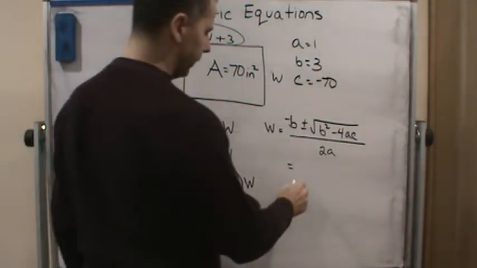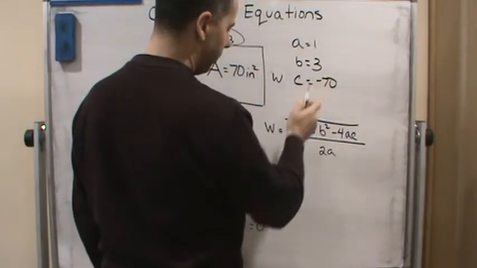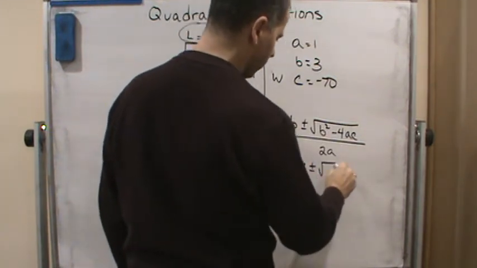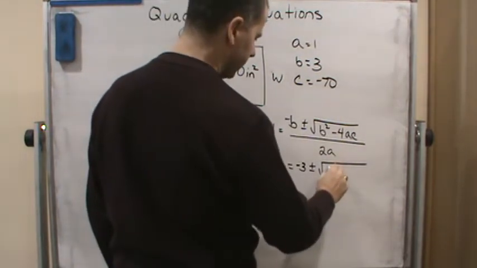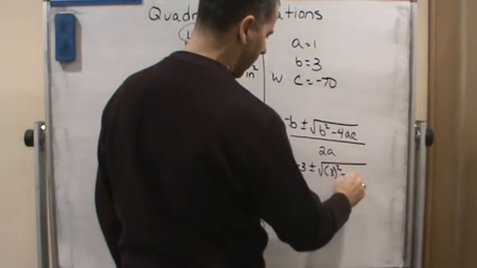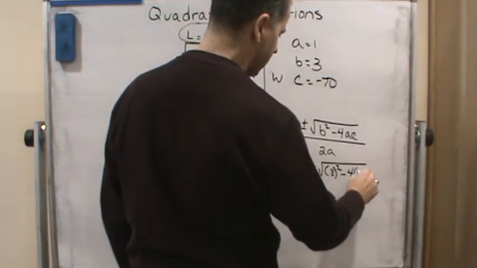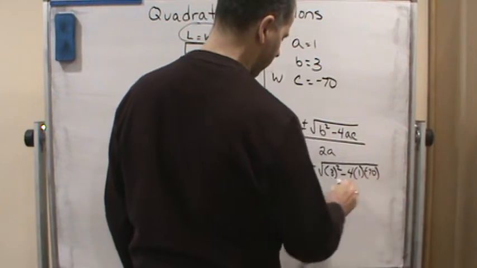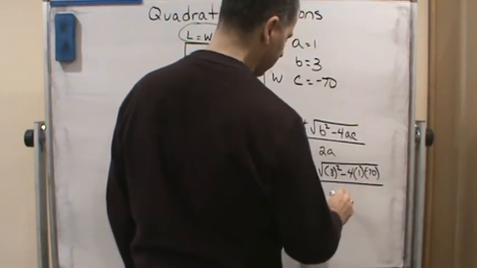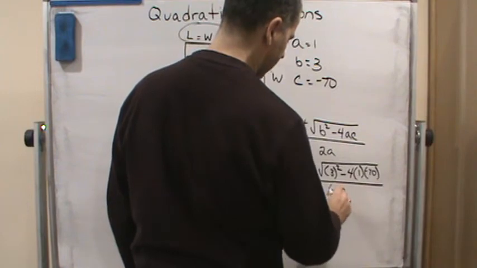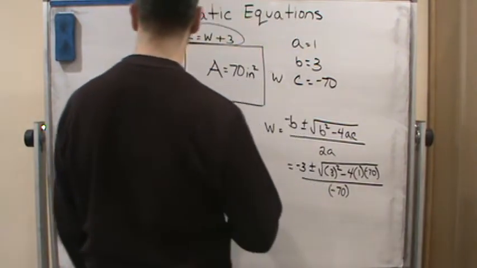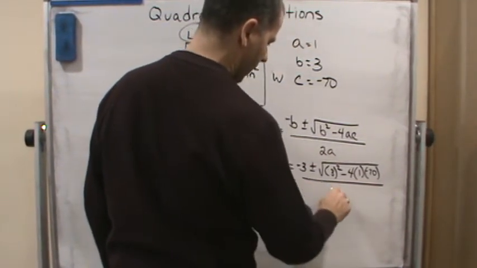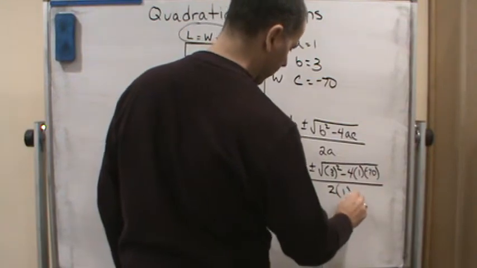Now I'm just going to plug and check. So W is going to be negative 3, so negative b is negative 3, plus or minus the square root of b squared, so that's 3 squared, minus 4 times a, which is 1, times c, which is negative 70, divided by 2 times a, 2 times 1.